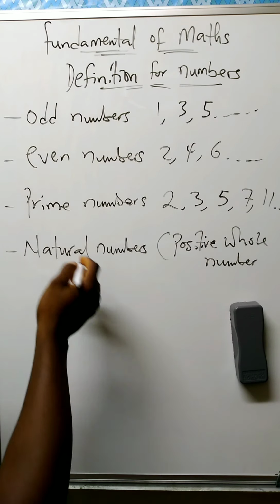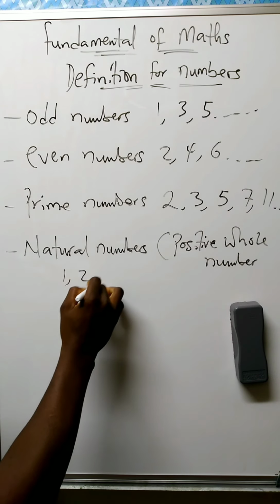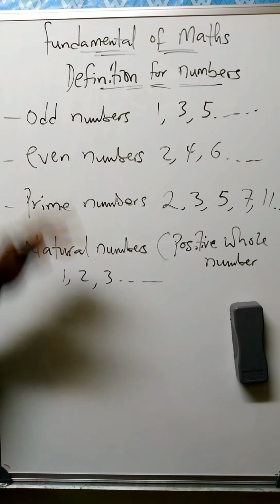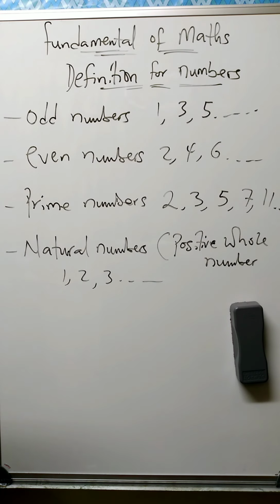So when we talk about natural numbers, 1, 2, 3, and so on and so forth. All these definitions for numbers, we are going to be making use of under this series of fundamentals of math. Please make sure you get all our videos so that you can learn and understand this correctly.